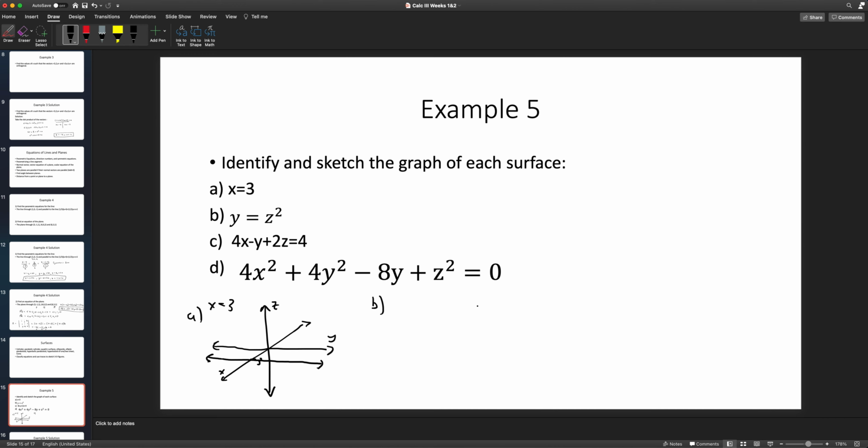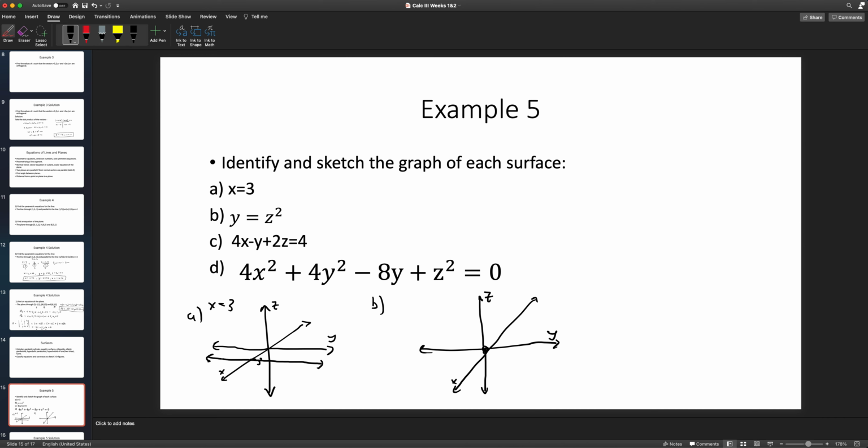y equals z squared. I think we can probably already know what this is going to look like a bit. Forgive me if my drawing is not that great here. In the yz plane, it's just going to look like a parabola.